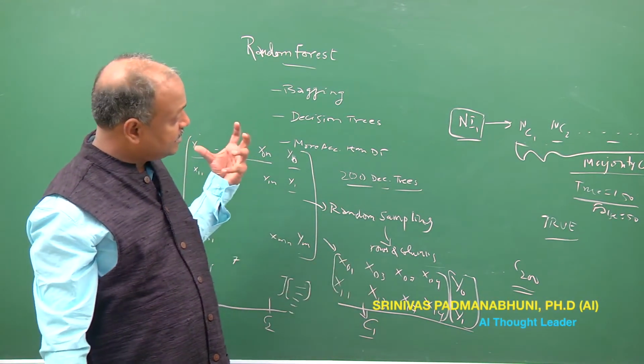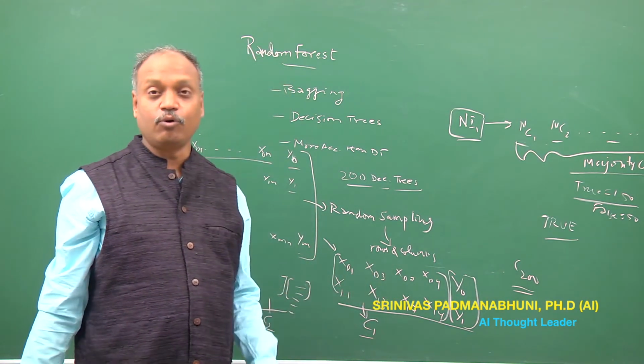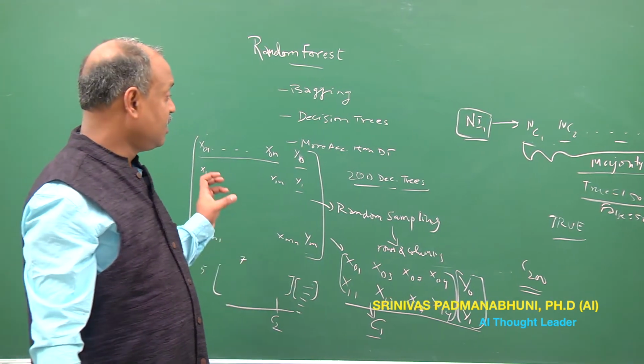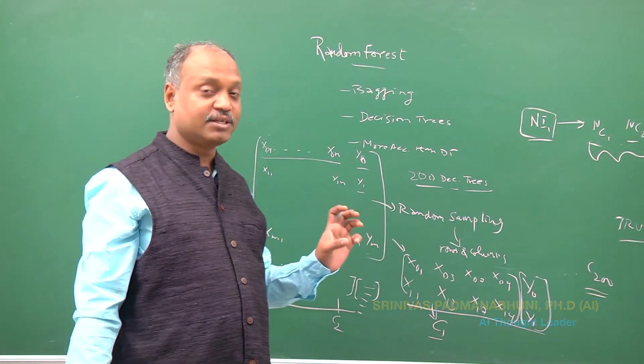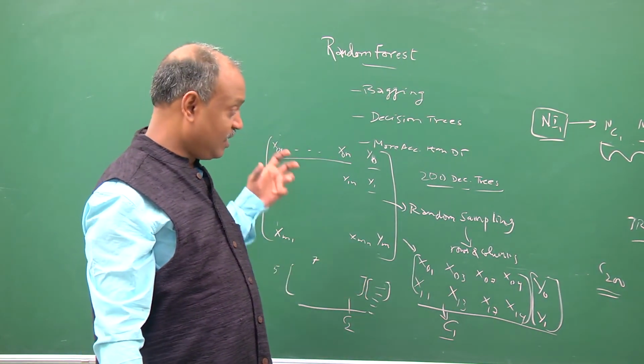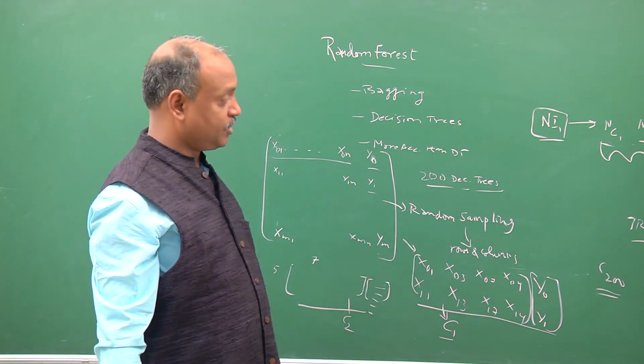The beauty of random forest is that it gives a much more accurate result because of the averaging effect across the overall input space. Another thing is it reduces the variance, meaning different inputs giving different results, which you try to avoid. That is one of the big problems in decision trees, because they are very tightly tied to the choice of input data on which you form your decision tree.